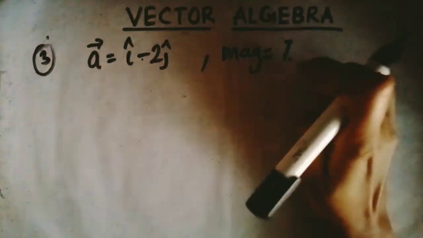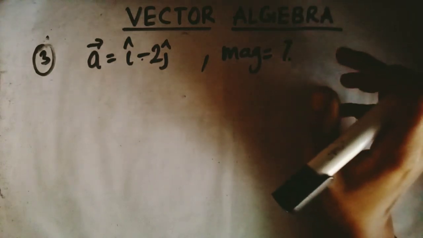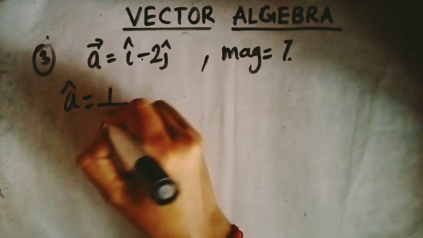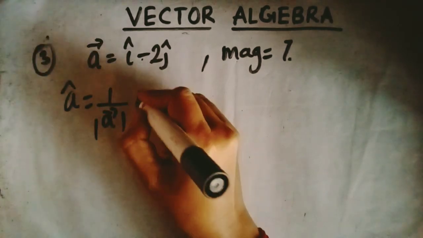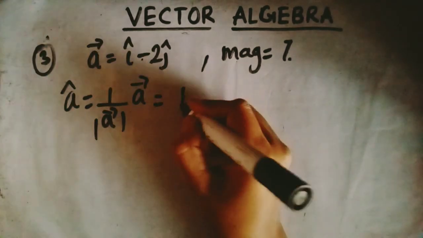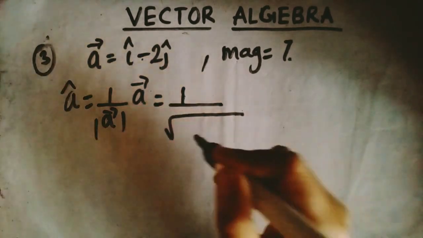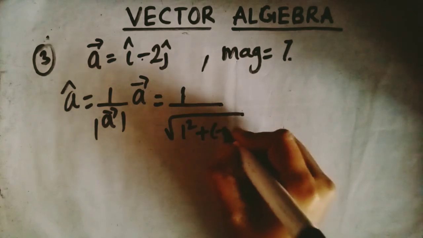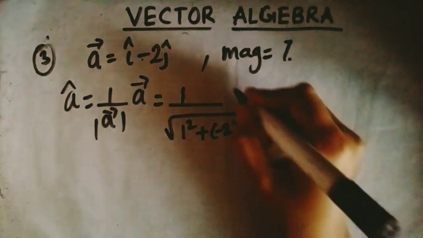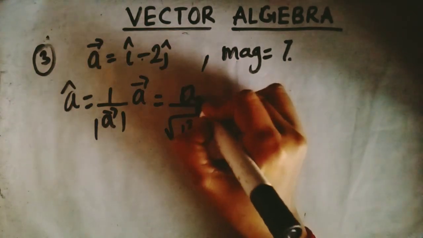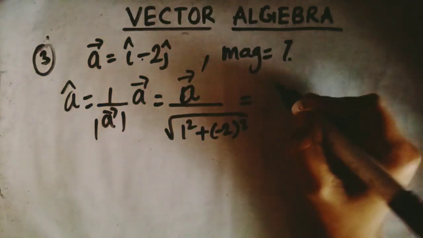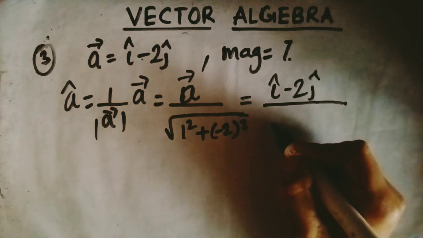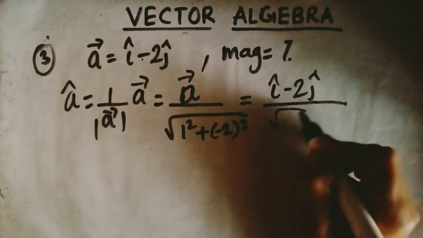Here lambda becomes your 7, that is scalar. Okay, so first you find out your unit vector. I'll directly write here root of 1 square plus minus 2 square, into a. So a is i minus 2j upon root of 1 plus 4, so root 5.